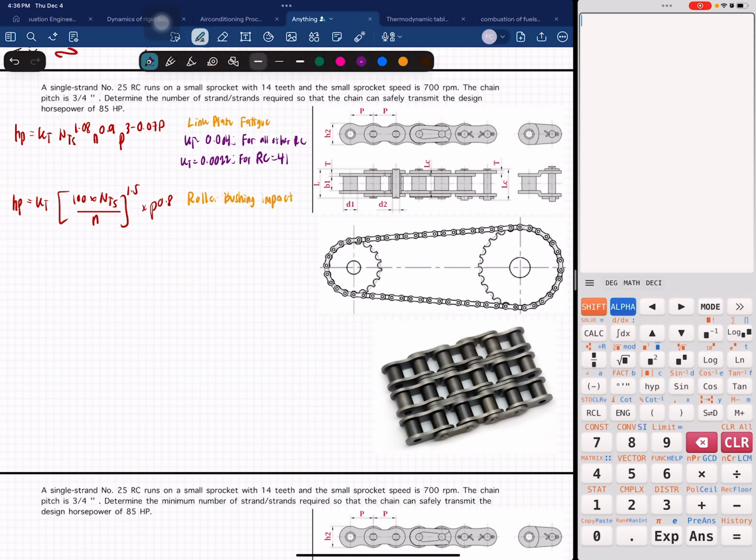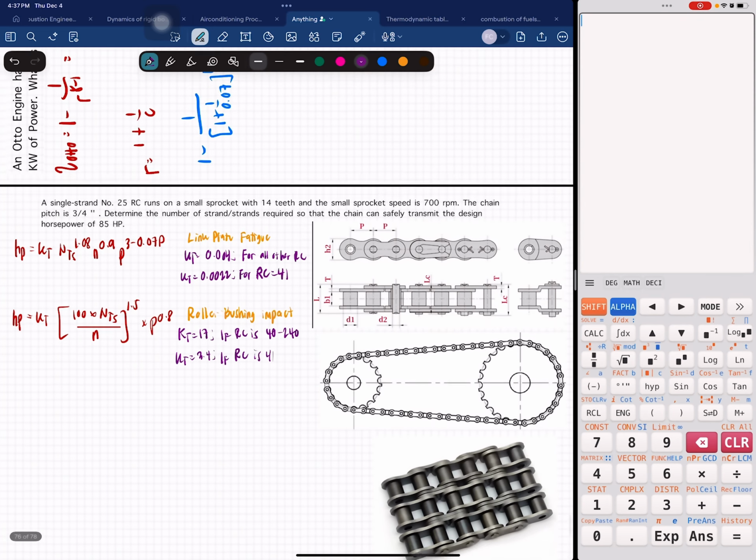So the KT value will differ, okay? KT value will be 17 if between 40 to 240, okay? KT value will be 3.4 if the roller chain is 41, okay?